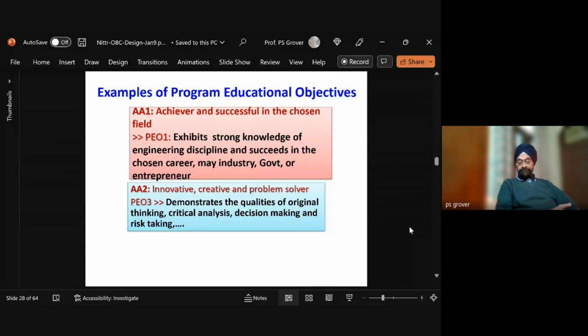Please note again: objectives are our intended desires, and outcomes are our intended achievements. Repeat.